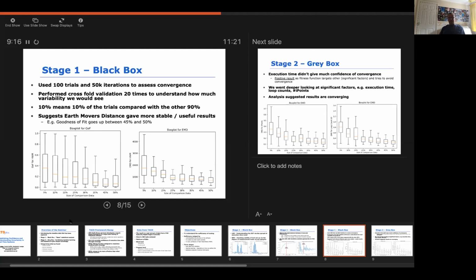For both of these graphs, we've got the relative metric that we're looking for, for example EMD for high watermark, on the y-axis, and on the x-axis we've got the amount of comparison data. When it says 10%, what it means is we took 10% of the data we had, say 10 trials worth of data, and we compared it with the other 90%. And what we looked at was whether we were seeing a significant difference.